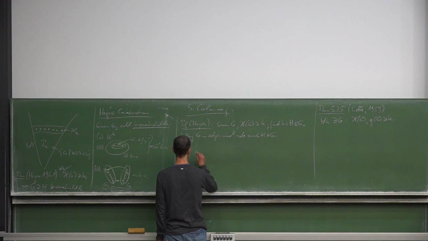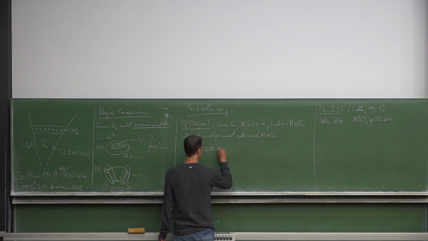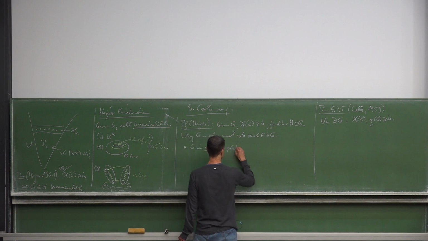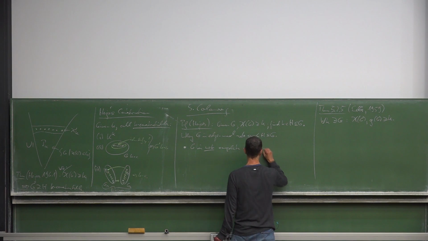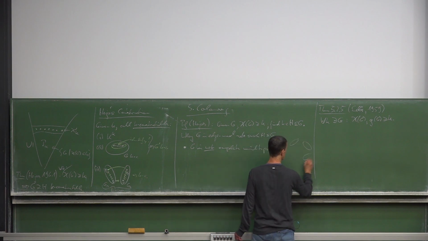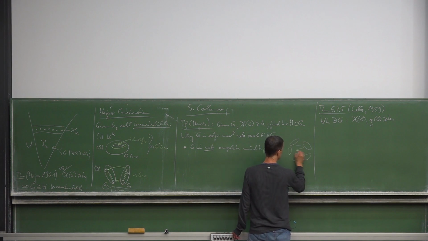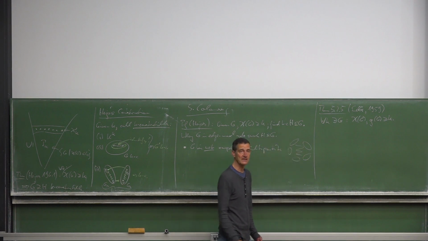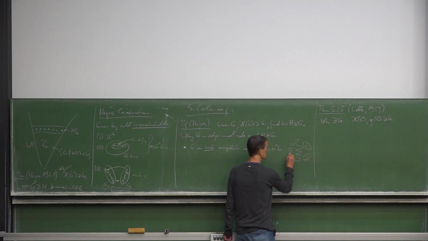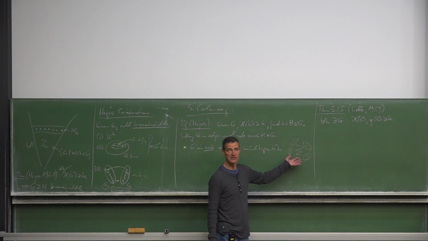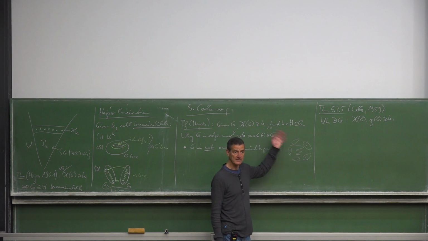First thing to notice is that G is not complete multipartite. Right? It's not like this, with all edges between the classes, but no edges in the classes. Because if it had this structure, how many classes would there be? Well, if it needs k colors, then there must be at least k classes.